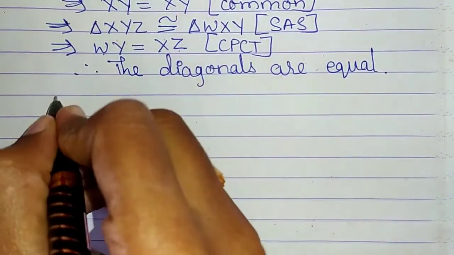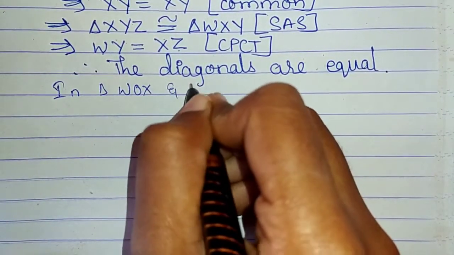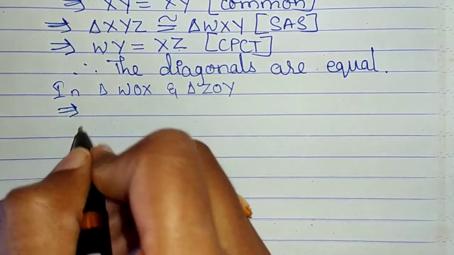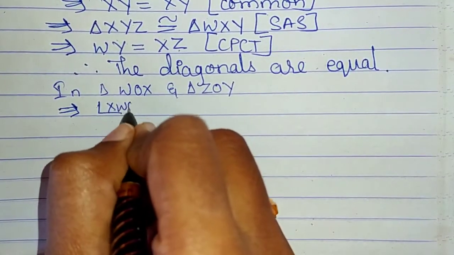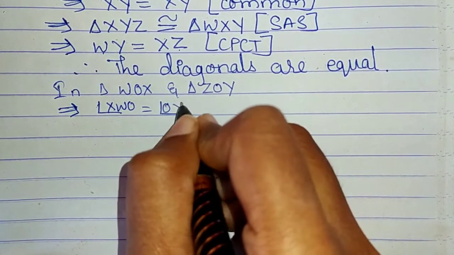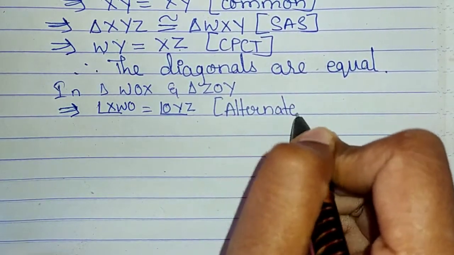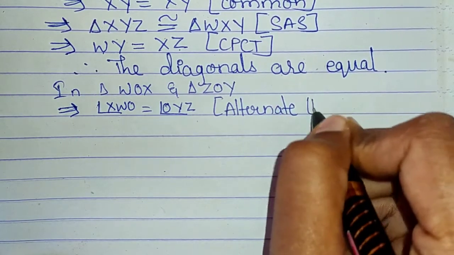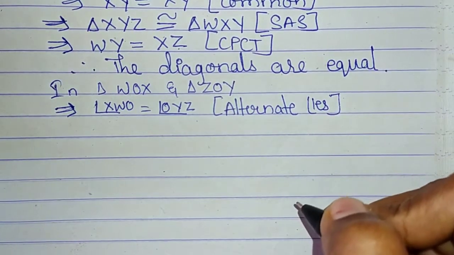In this triangle, angle XWO is equal to angle OYZ, because they are alternate interior angles. In a square, the sides are parallel, so diagonals act as the transversals. So they form a pair of alternate interior angles which are equal to one another.